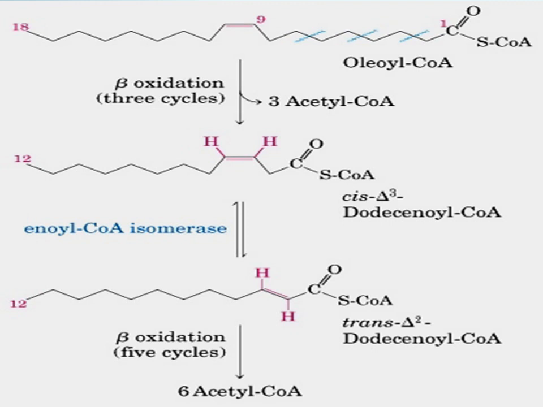So the product formed by the action of enoyl coenzyme A isomerase is trans delta 2 dodecenoyl coenzyme A. This product now undergoes 5 cycles of beta oxidation and produces 6 molecules of acetyl coenzyme A. So it shows that the monounsaturated fatty acid, oleic acid, undergoes beta oxidation just like a saturated fatty acid with little modification and requirement of an additional enzyme called enoyl coenzyme A isomerase.